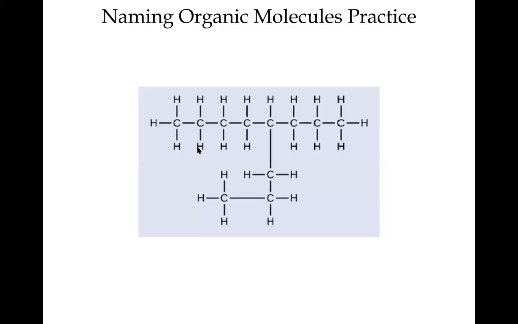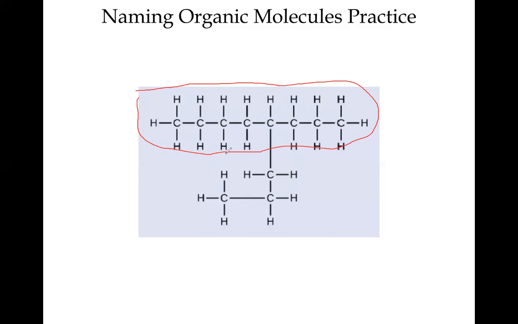Okay, so let's look and see what the longest chain is. Let's just go this direction. Counting those off: 1, 2, 3, 4, 5, 6, 7, 8. There's 8 there.